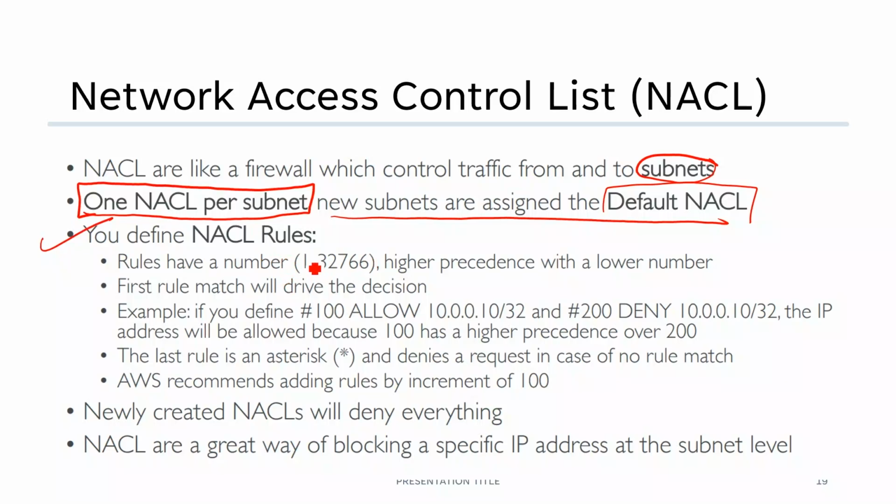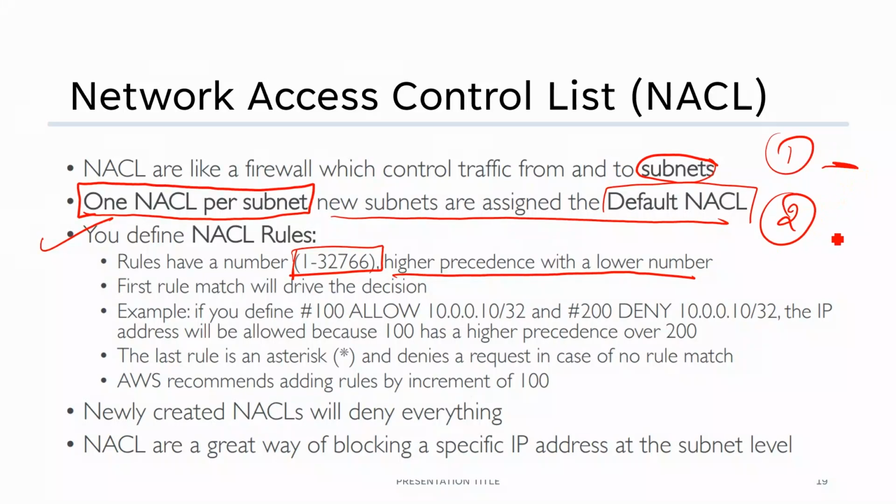Rules have a number from 1 to 32,766, with higher precedence for the lower number. If there is a rule above a particular rule, this rule will override the rule below it. So remember that this has a higher precedence than this rule, right? The lower the number as you go, the higher the precedence. The first rule will drive the decision.